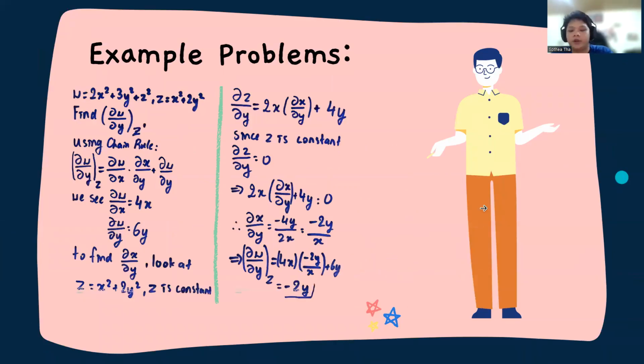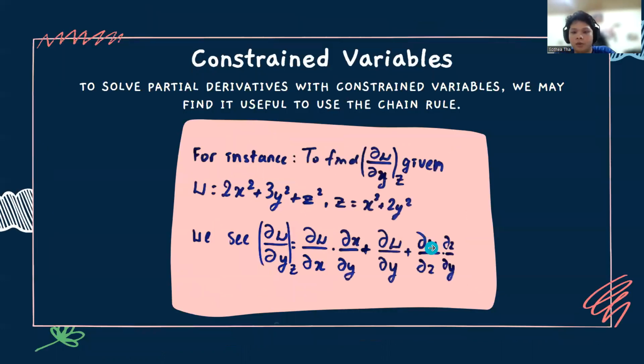To help with understanding partial derivatives of constrained variables, here are some example problems to get you accustomed to it. For this one, it's the previous problem. So w equals 2x squared plus 3y squared plus z squared, and so on, similar to the previous problem. And we will use the chain rule as in the previous problem, but you will see there is a term missing here, and that will be dw over dz times dz over dy.